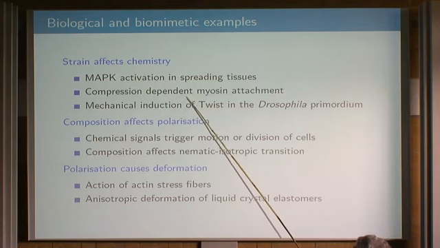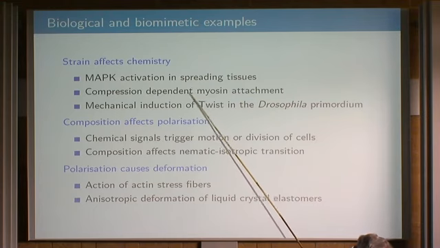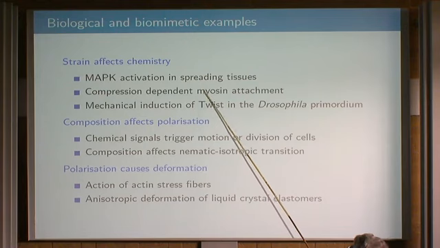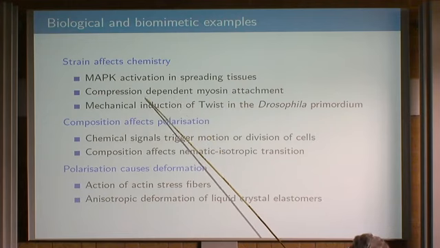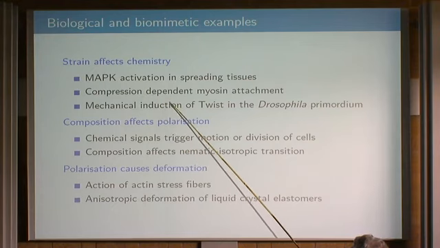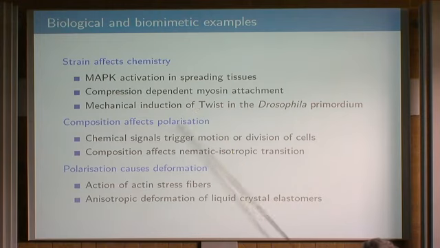And in cytoskeleton, myosin is the actor which induces deformation, and also its absorption is depending on compression. And there are many examples when a change of protein conformation induces some chemical reactions, produce some enzymes.